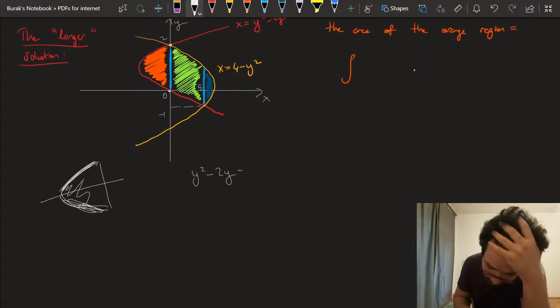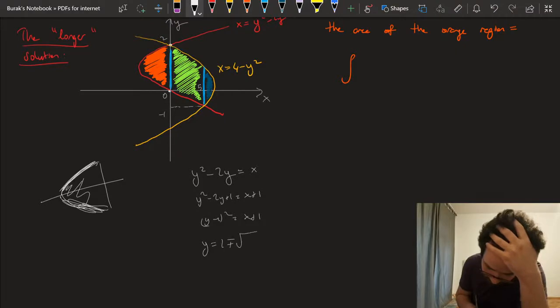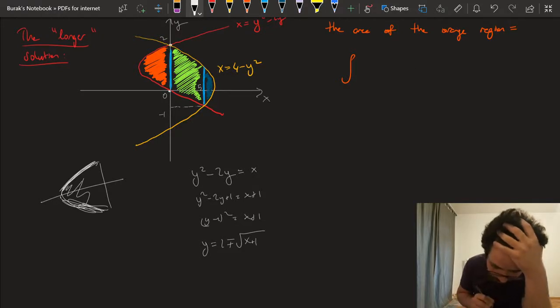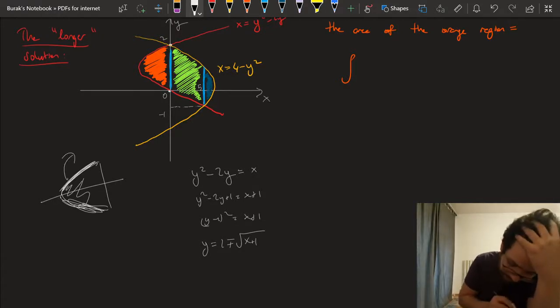So try to solve for y in terms of x, add 1 to both sides. Then this is y minus 1 squared, this is x plus 1. So you are going to get y equals 1 plus or minus square root of x plus 1.